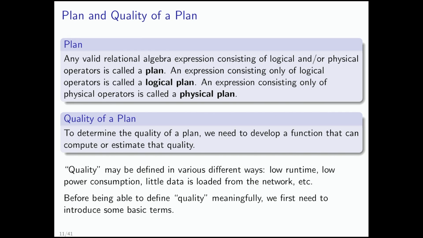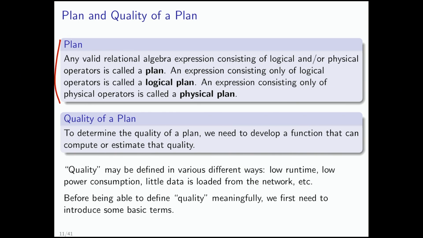So now I introduce a lot of terminology, actually, that's important for the discussion. The first is the term plan. Any valid relational algebra expression consisting of logical and or physical operators is called a plan. So in other words, it's just a stack or a combination of these logical and physical operators. In contrast to what we treated in relational algebra class, here it can now be physical operators.